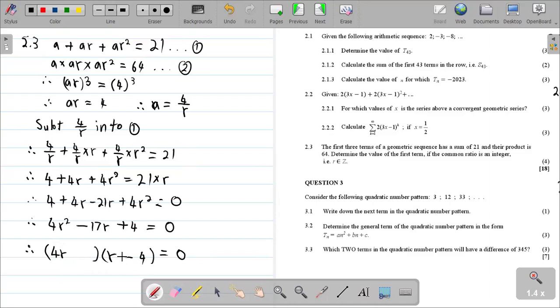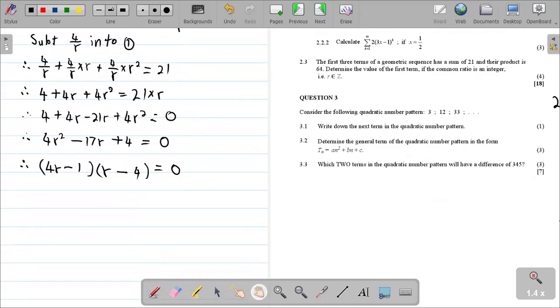So it's going to be -4 and -1. Yes, it should be. So it's going to be 16 and then 17. So now what's going to happen? We find r. So we say therefore r equals to 1 over 4 or r equals to 4.